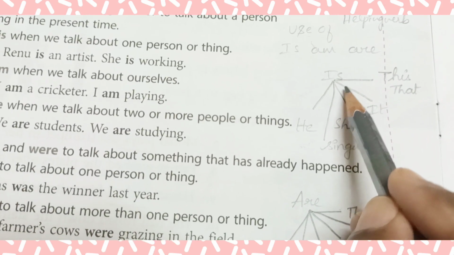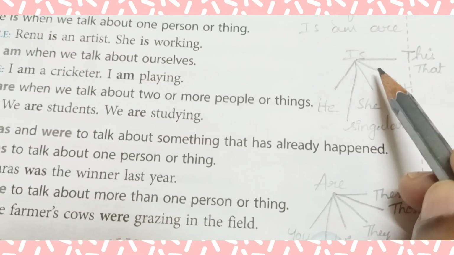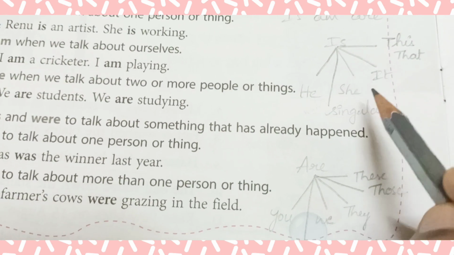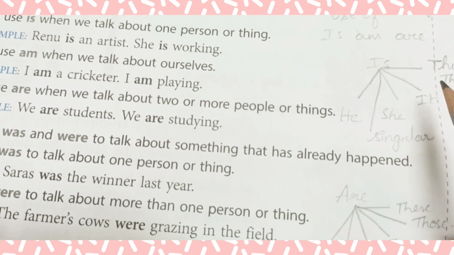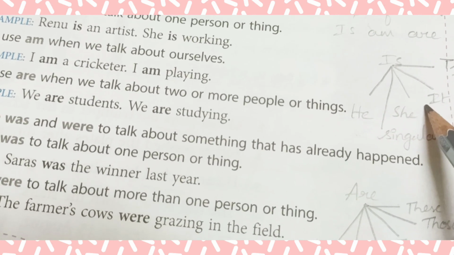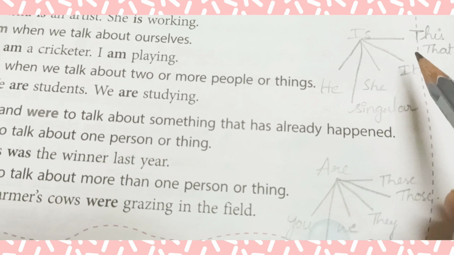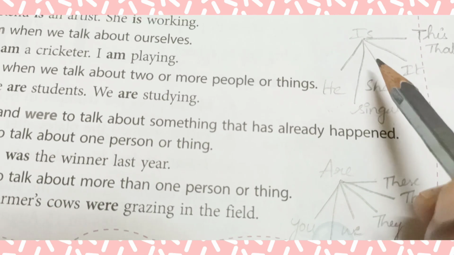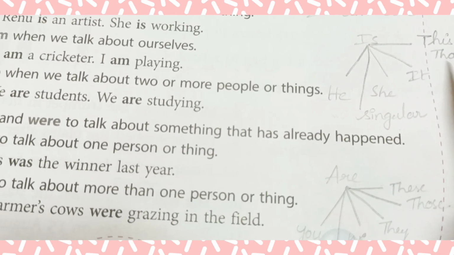Let us move on to the explanation of is. When do we use is? If the subject is singular. We already learned in our previous class what is a subject and what is a predicate. If the subject is singular, we use he, she, it, this, that.